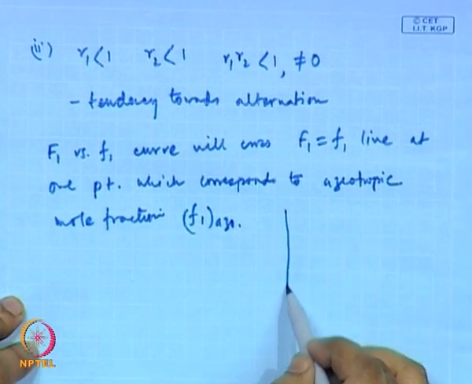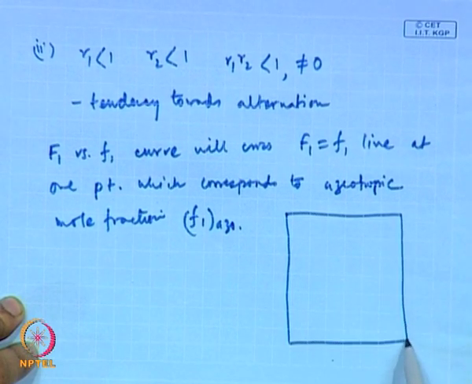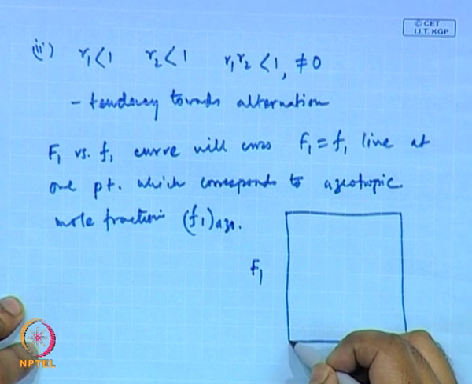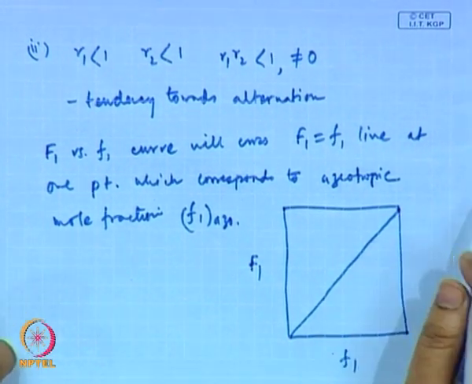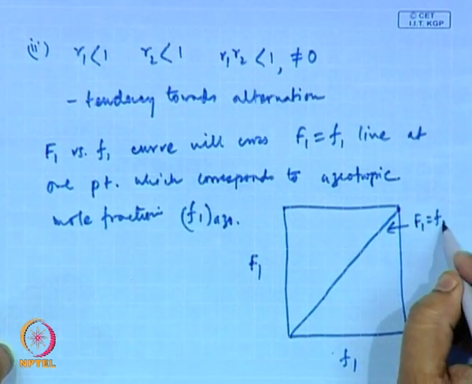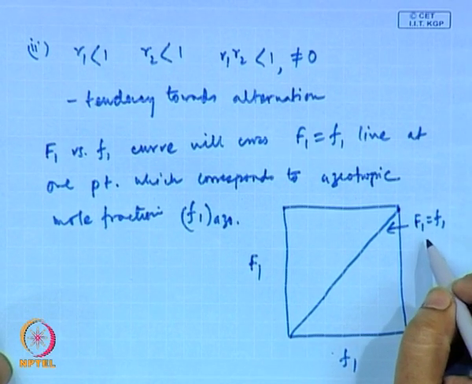Now, again if I plot, that line corresponds to F 1 equals f 1, which happens when R 1 is equal to R 2 is equal to 1.